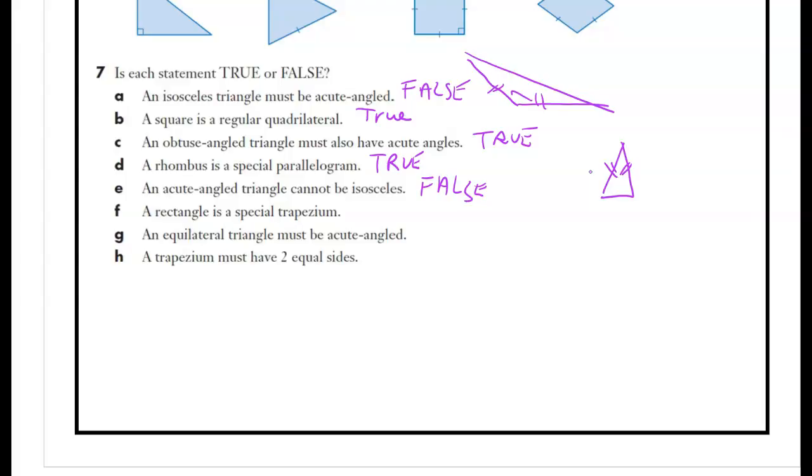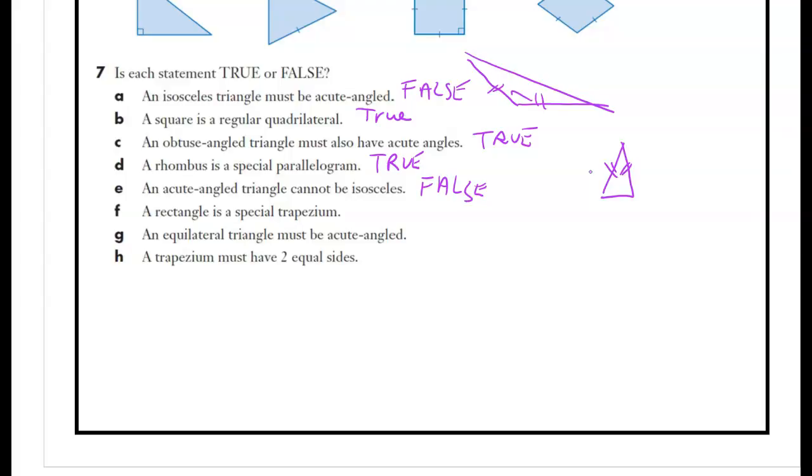A rectangle is a special trapezium. True or false? Yeah, this one's a tricky one. A rectangle is a special trapezium. By definition, a trapezium only has one pair of parallel sides, whereas some people will say a trapezium has at least one pair of parallel sides.